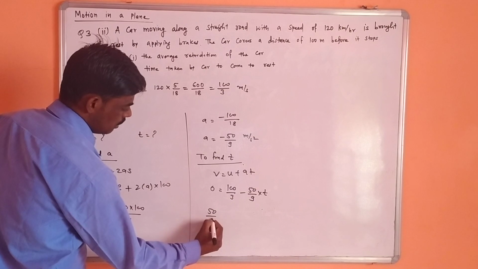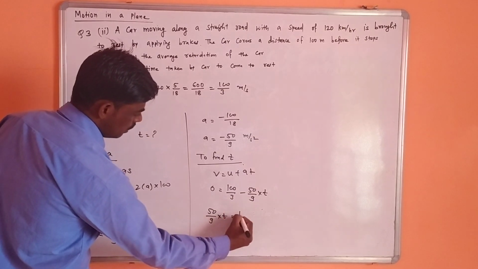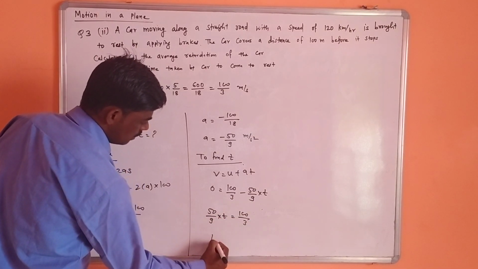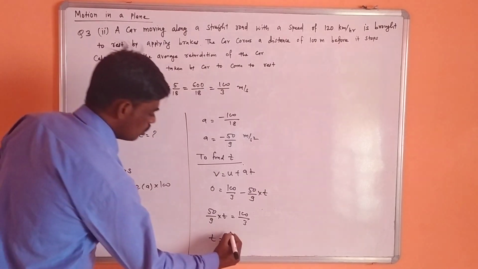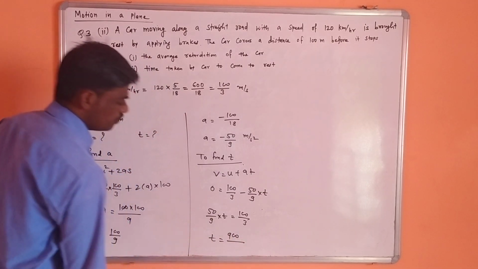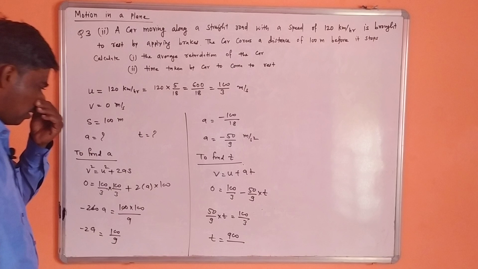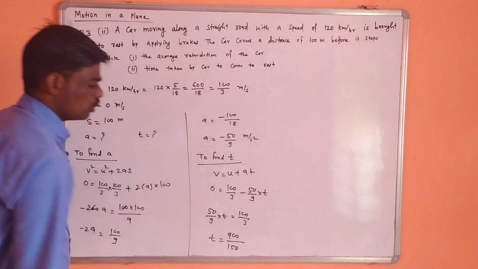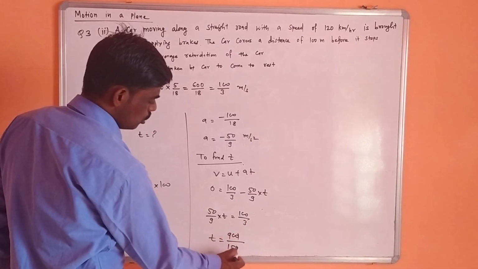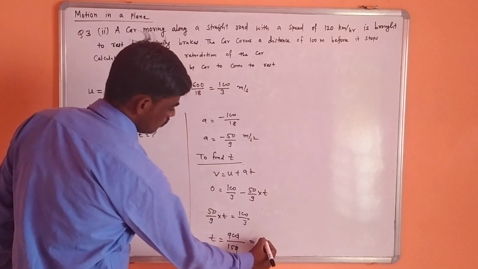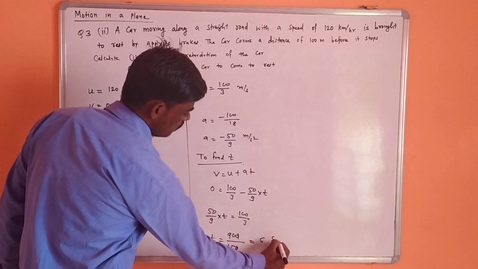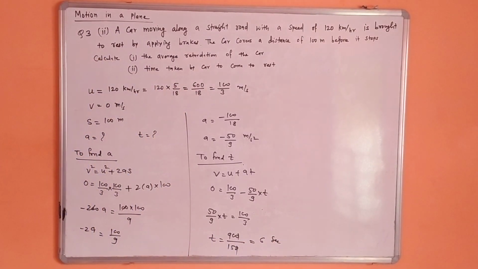So 50 by 9 into t equals 100 by 3. So t is equal to 900 upon 150, the 0 cancels, and it is 6 seconds. This is your final answer.